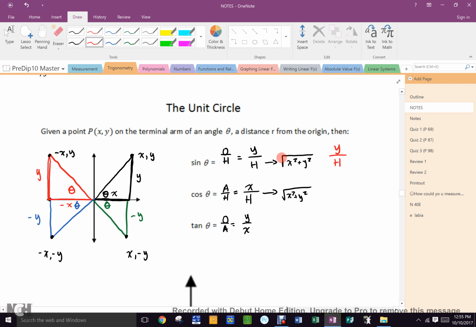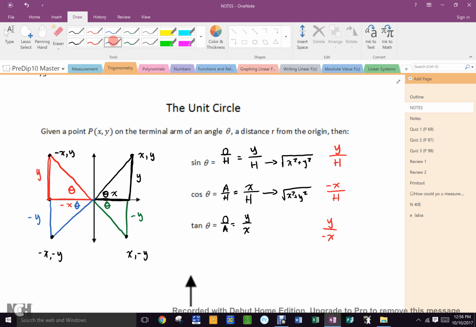Because x squared, even though it's negative, is the same as x squared, isn't it? So that's going to be the same. What's this guy going to be? Look closely. Negative x over h. And what's this guy going to be? Negative. No, sorry. It's going to be y over negative x.